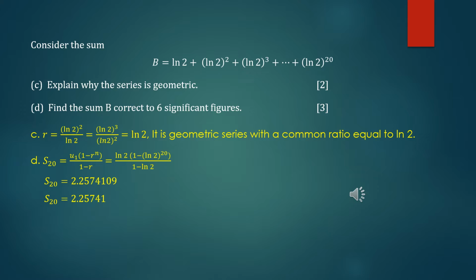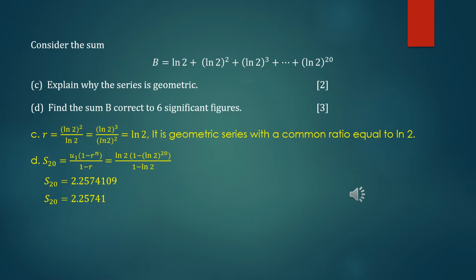The series is geometric if we can find a common ratio, and the common ratio can be found by dividing the second term by the first term or the third term by the second term. And in all these cases, you can see that we obtain a common ratio consistently equal to ln2. Therefore, the series is geometric, and it has a common ratio equal to ln2.